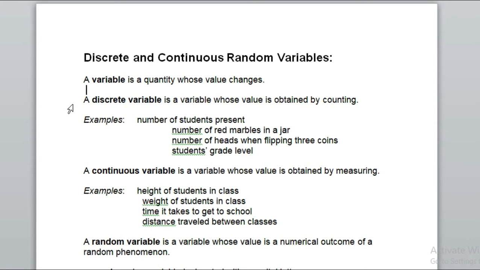Let's talk about the term discrete variable. A discrete variable is a variable whose value is obtained by counting. If we can count the values of a variable, then we can say this is a discrete variable.